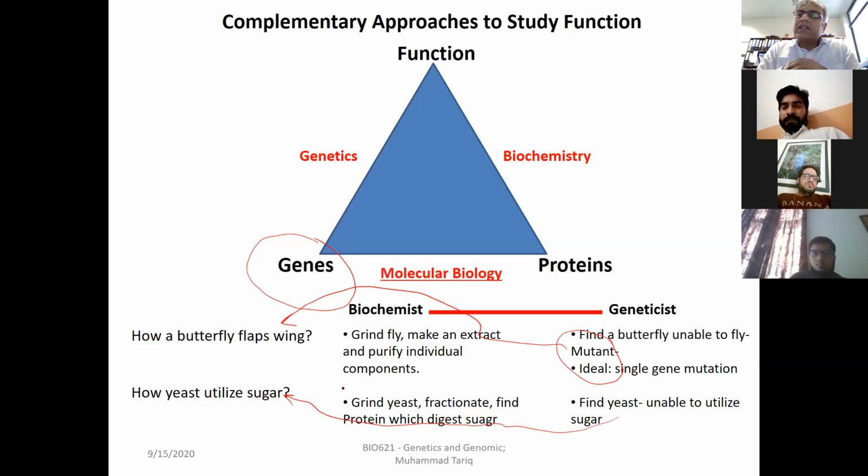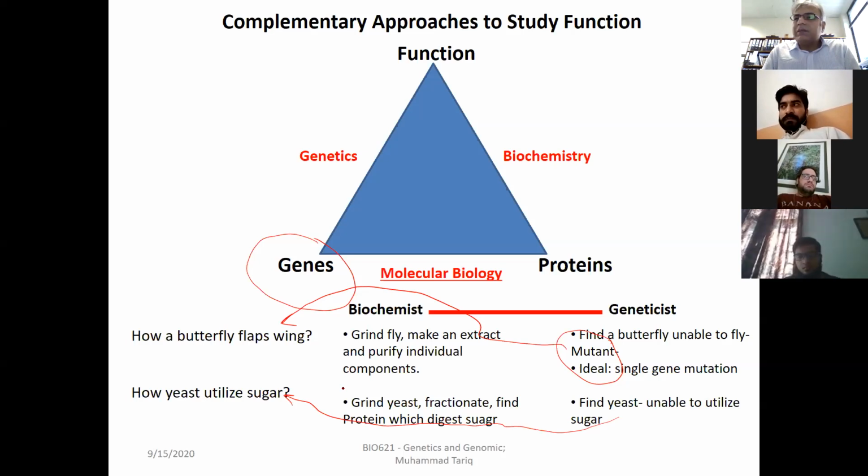However, this distinction between genetics and biochemistry has totally dissolved. It no longer exists now, and the discipline is called molecular biology. As molecular biologists, for example in my lab, we are basically a genetics and epigenetics lab.